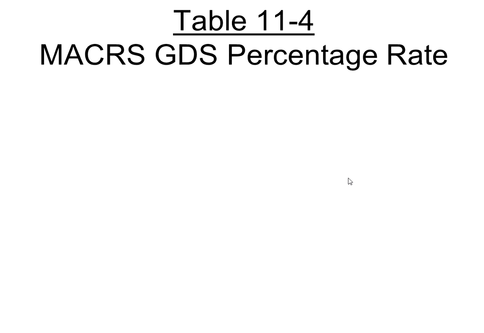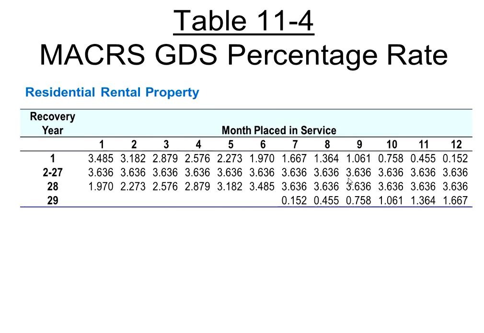So here's another table, table 11.4, and that gives us MACRS-GDS percentage rates for the residential rental property. So remember, that's a 27.5 year class. Rather than the half year assumption, we look at the month placed in service.